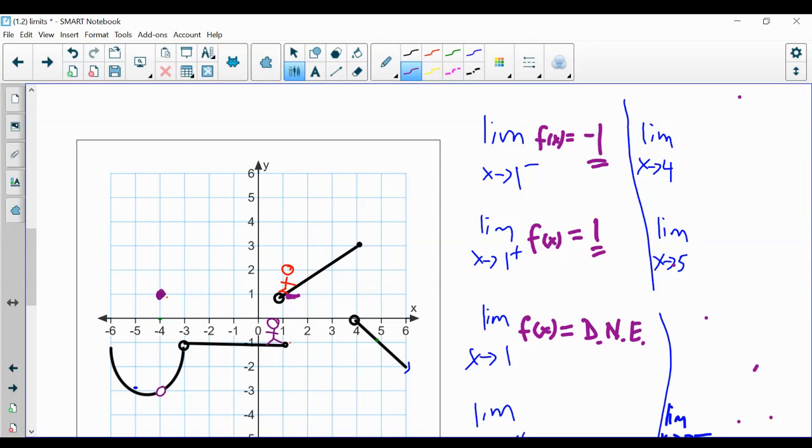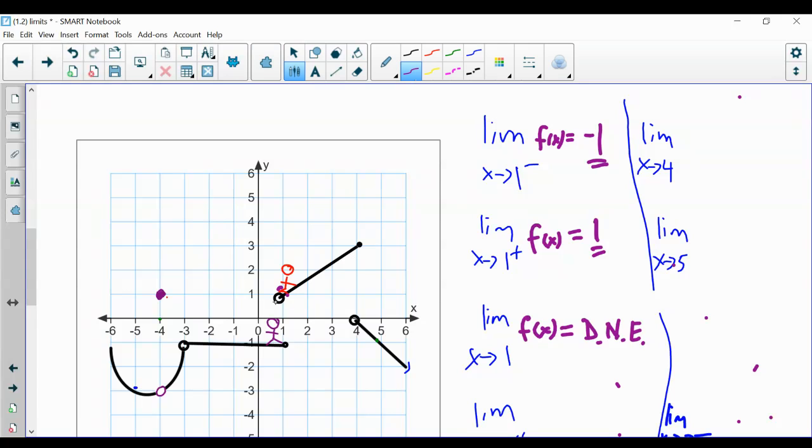Now, if you take a look at this, most of the time when a limit doesn't exist in these cases, that'll happen when you have a jump in y values. We call this a jump discontinuity, right? So just looking at this graph, I can tell when a limit isn't going to exist because of jump discontinuities by just looking at where there is a difference in the y values.